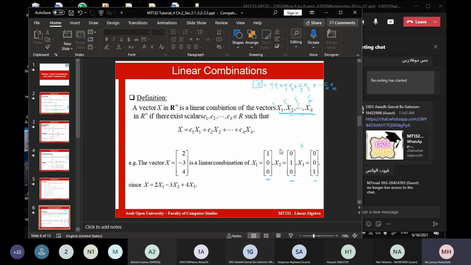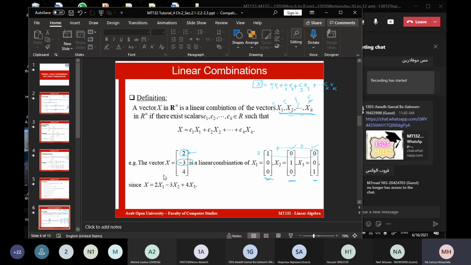So at the end, I want to have addition here and addition here. To get 2, it's clear that if I multiply the first vector by 2, I'm going to get this entry to be 2.